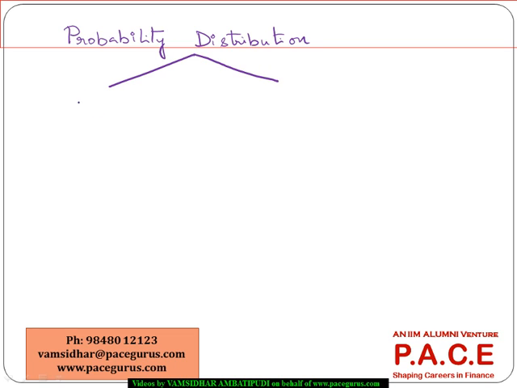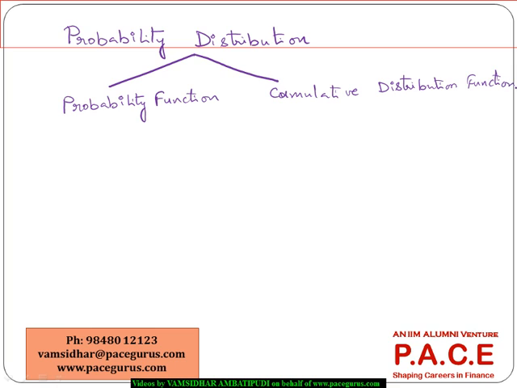One we call the probability function. The other we call the cumulative distribution function. Whether it is continuous or discrete, we have two different definitions or two different dimensions of any probability distribution.